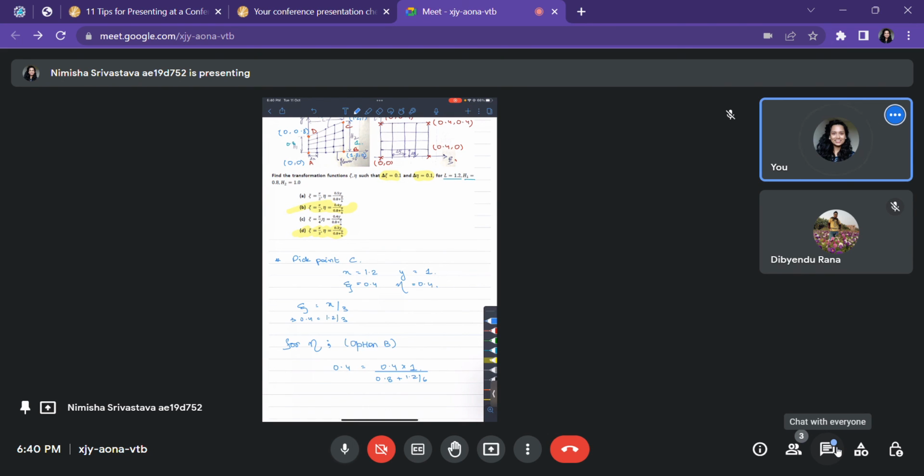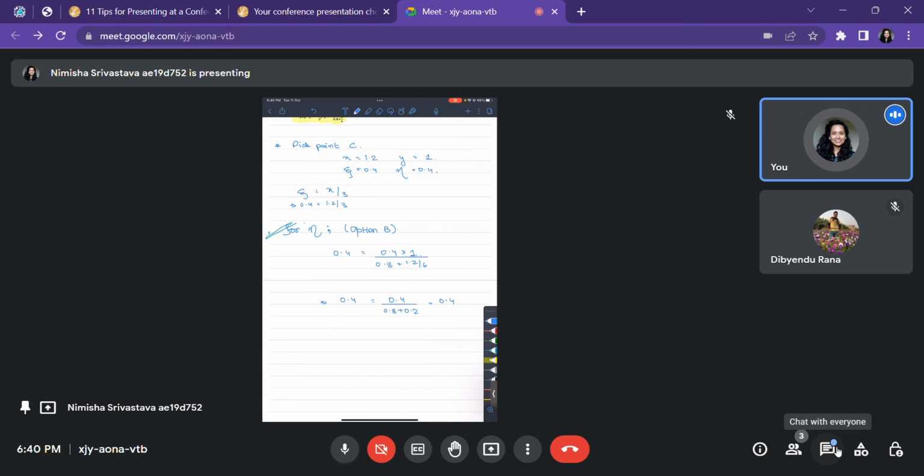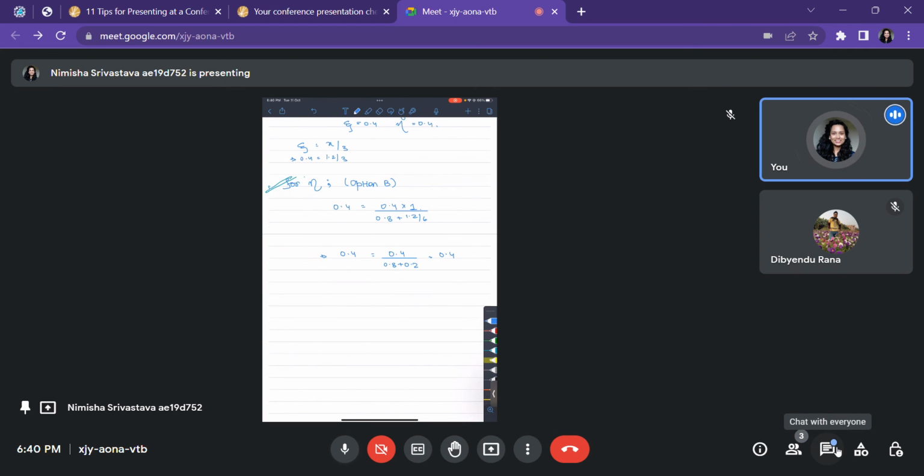So we are going to have 0.4 equals 0.4 by 0.8 plus 0.2, which is 1. So 0.4 is 0.4. So this is a candidate option. This is most likely correct. It's not really necessary to reconfirm, since the relation is being satisfied, this must be the right answer.